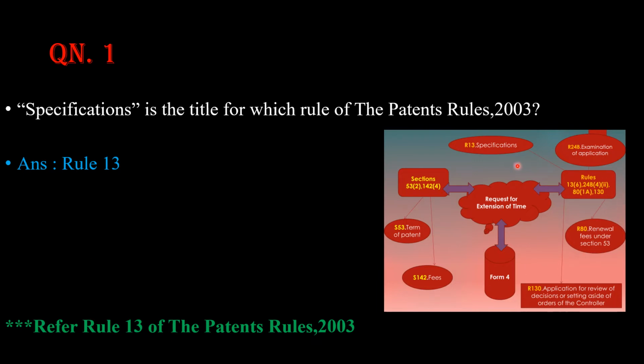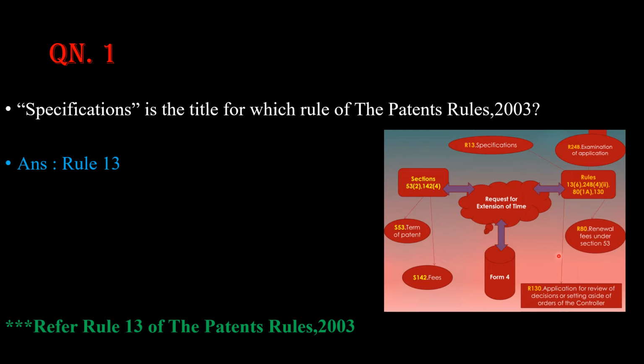And friends, I have also picked up the slide from my first lecture, the respective slide which establishes a relationship between Form 4, Sections 53, 142 and Rules 13, 24B, 80 and 130.